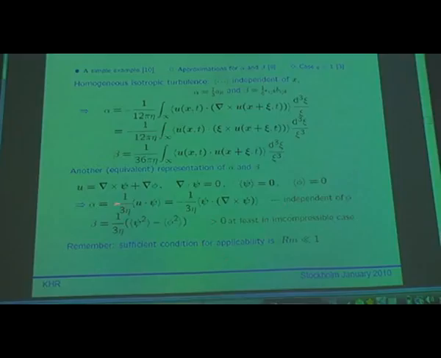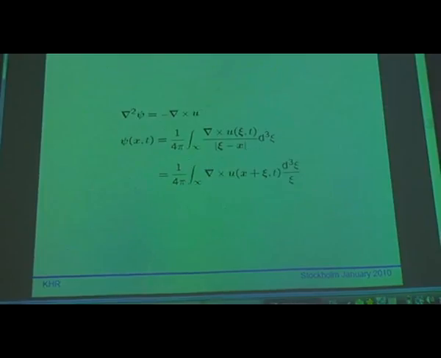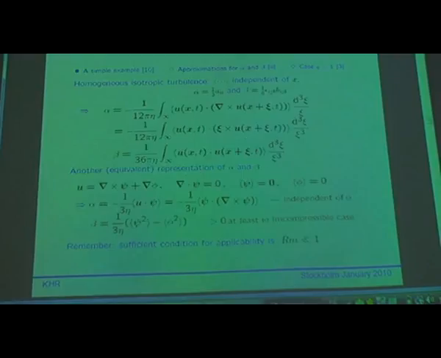If you take the curl of this relation, then you have curl u is equal to curl psi, this vanishes.